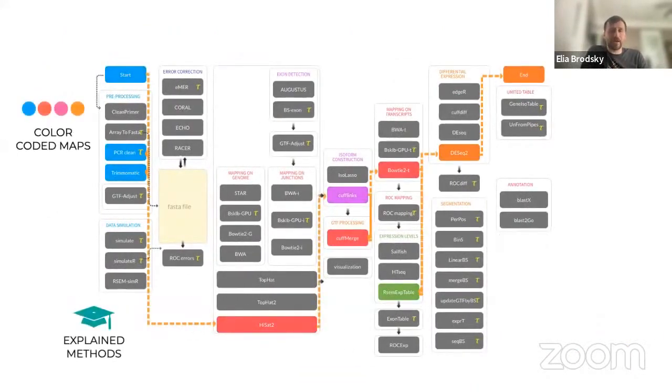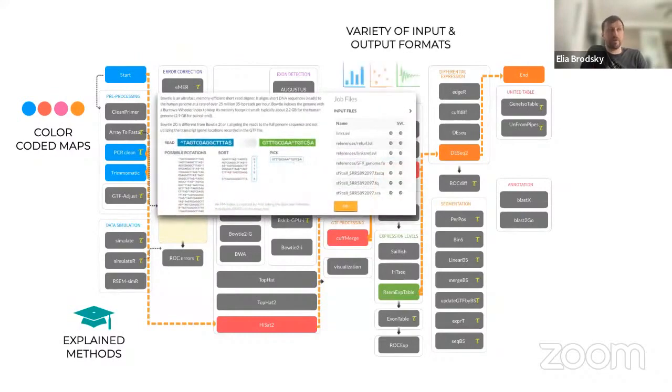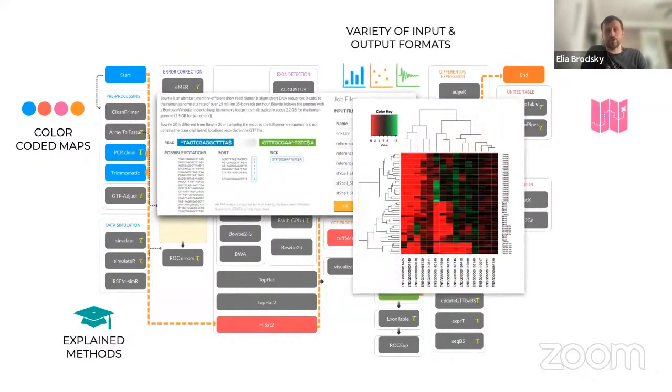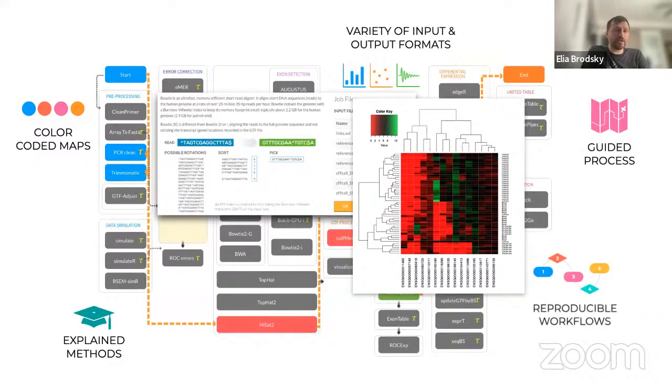And because it is color-coded, you tend to remember exactly what each step means. And finally, at the end, it produces a reproducible workflow. So either where you stay on the platform and you use the platform, you remember what steps you took, or when you want to develop your own pipeline, you understand which method falls under which group, and you can design your pipeline in a logical way.